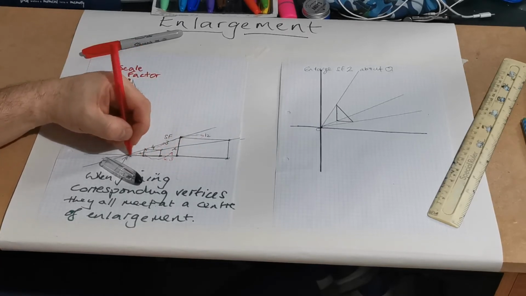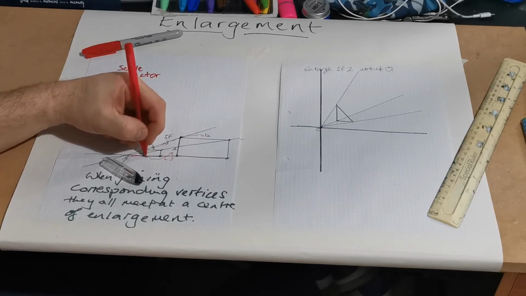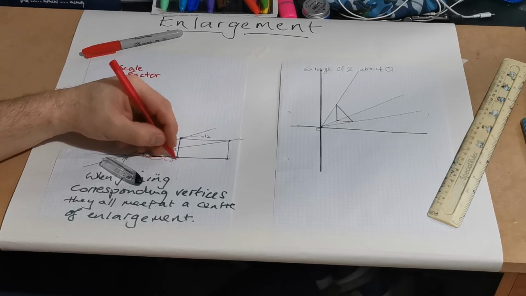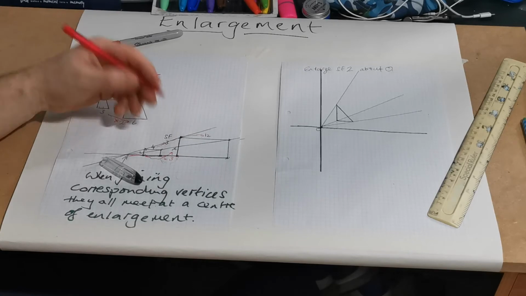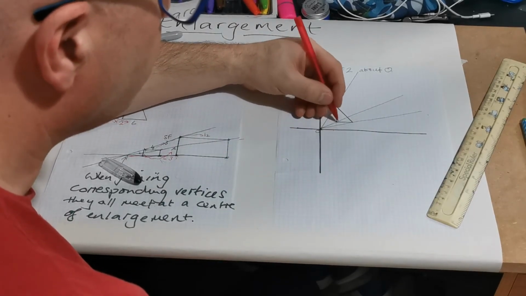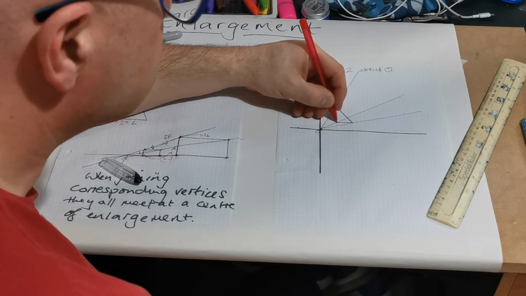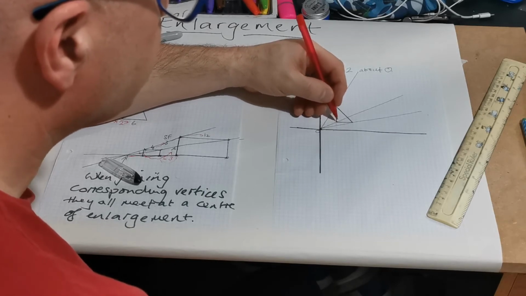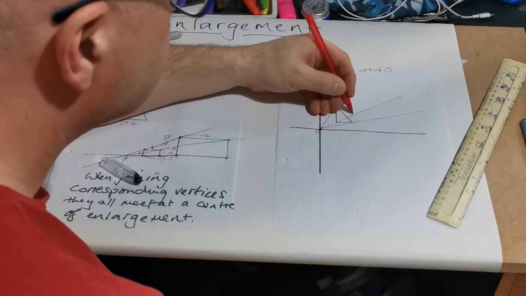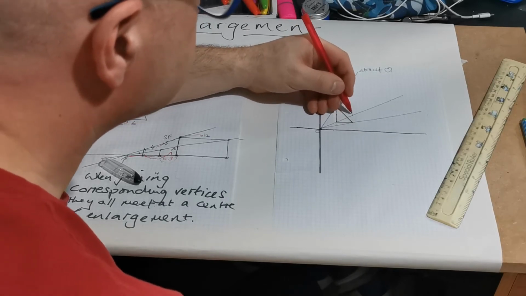So the distance from here to here is doubled and then tripled to get the distance there, and that was related to the scale factor of 3. This one's related to the scale factor of 2. So if I've gone 4 and then 3, in order to get where I actually want to be, I want to go 8 and then 6. So that will give me the point.